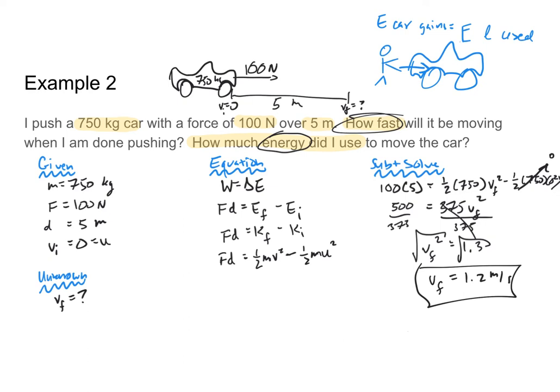So it's not really its final kinetic energy, it's really the work that I did. So the energy that the car gains is the energy that I used. Therefore, the work done on the car is the energy I used to move it.